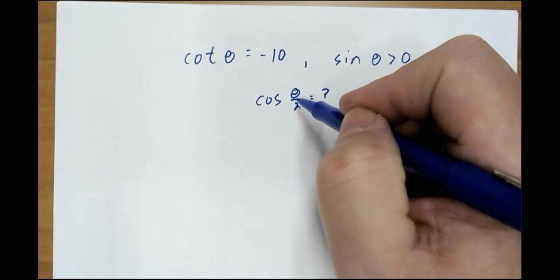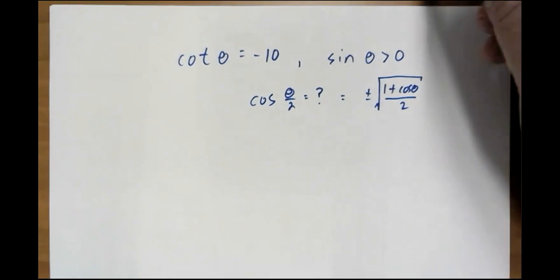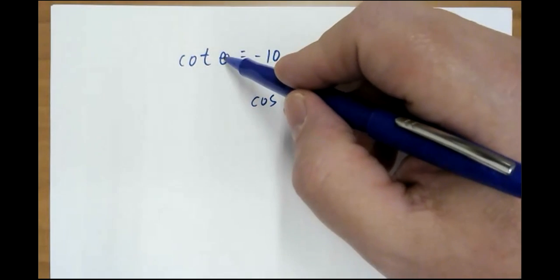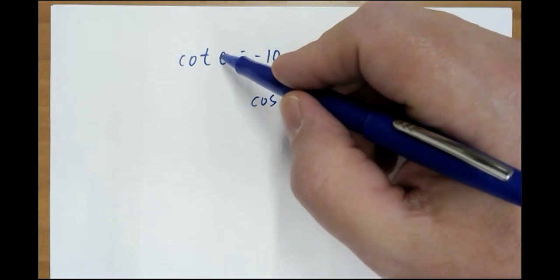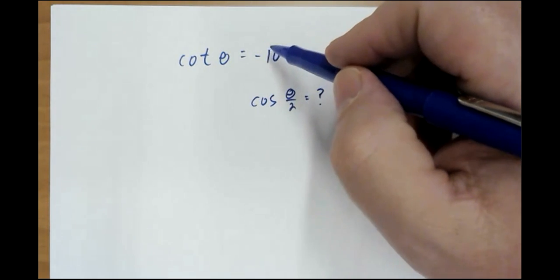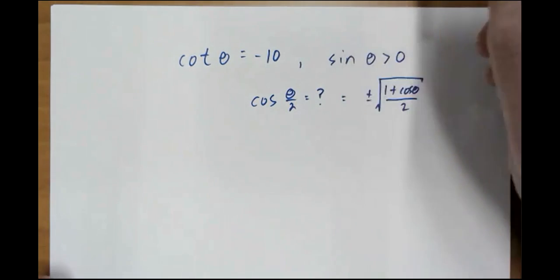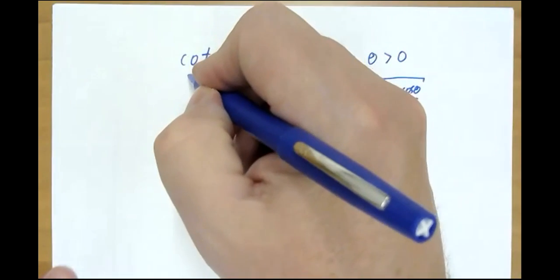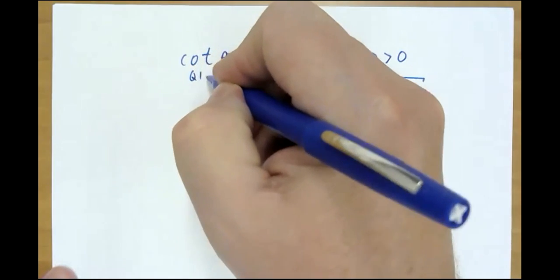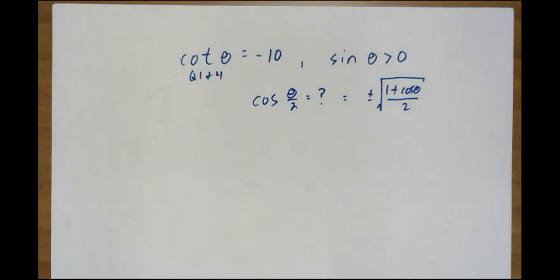So to figure out which quadrant theta over 2 is in, we first have to figure out which quadrant theta is in. The cotangent is negative. That's the same thing as saying that the tangent is negative. What quadrants is the tangent negative? It's actually quadrant 1 and quadrant 4.